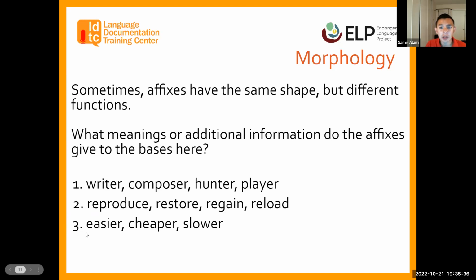So we can look at historical linguistics and we can look at older English to see why one set of sounds may actually be two different morphemes with two different functions. But as we're describing it in real time, sometimes we don't have an answer for that, right?